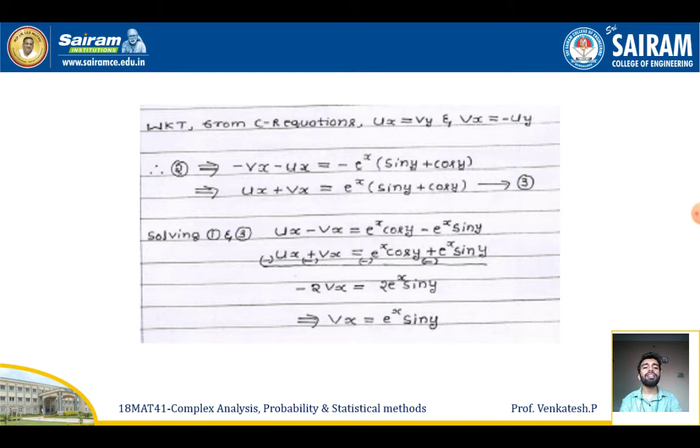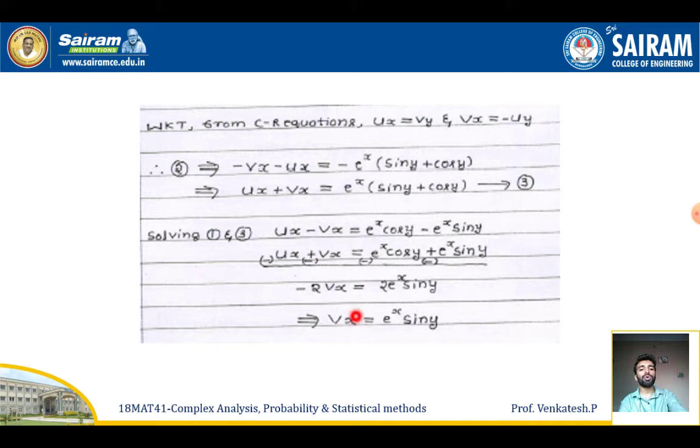Now solving equations 1 and 3, I'll get ux - vx = e^x cos y - e^x sin y, and ux + vx = e^x cos y + e^x sin y. On simplifying, ux gets cancelled and I get -2vx = 2e^x sin y, so vx = -e^x sin y.